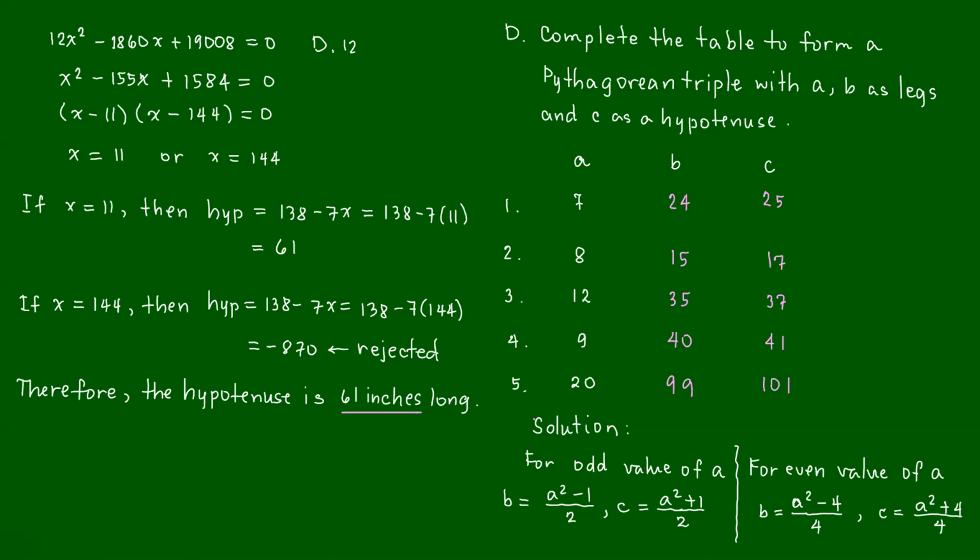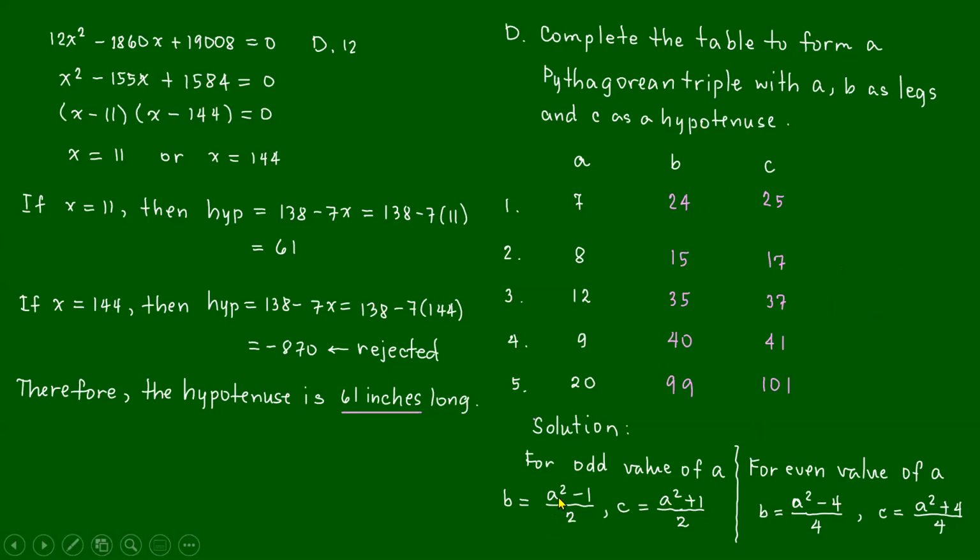We are just reviewing geometry. Trigonometry, we are not yet in actual trigonometry. Complete the table to form a Pythagorean triple with A and B as legs and C the hypotenuse. These are my givens: 7, 8, 12, 9, 20. You can use any of the formulas listed before.